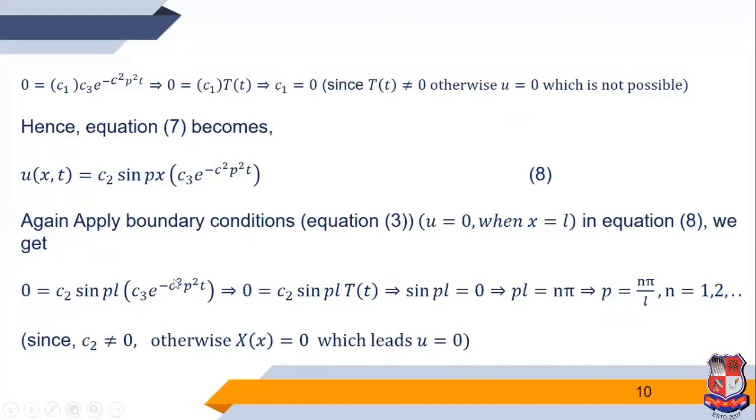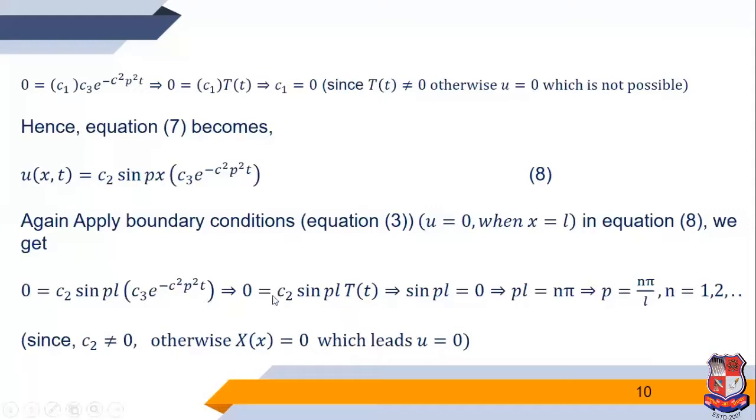This is T of t. Again T of t is never 0. C2 is also not equal to 0, because if we consider C2 is 0, then X of x is 0, and X of x is 0 means u is 0. So we consider sin pL is 0.